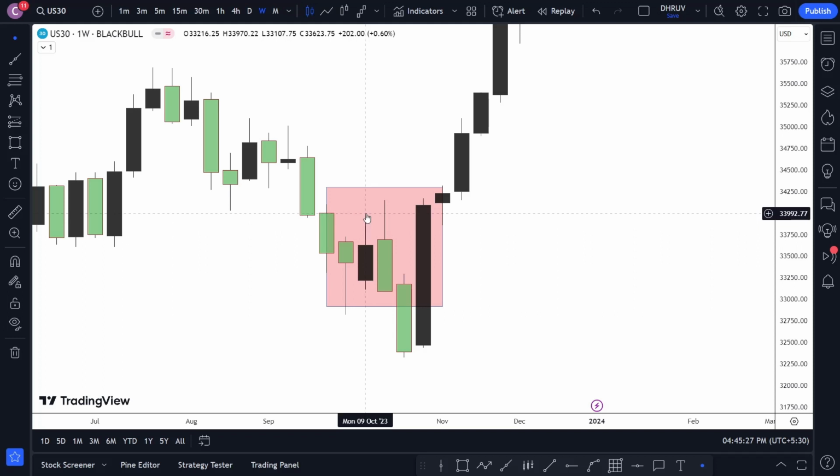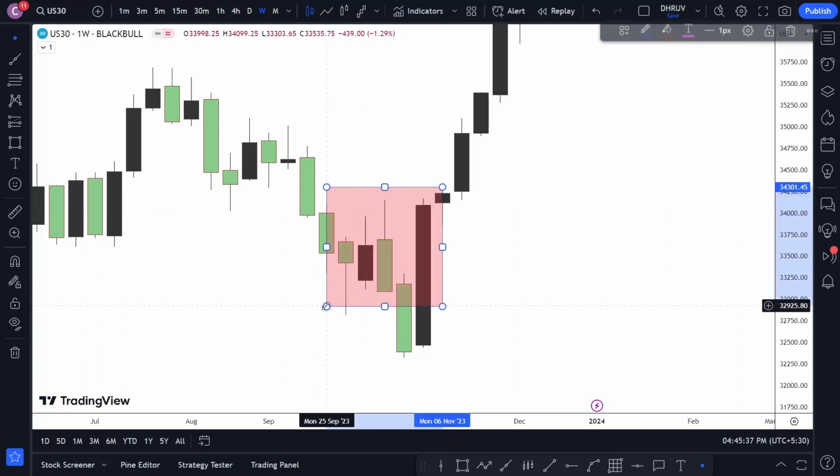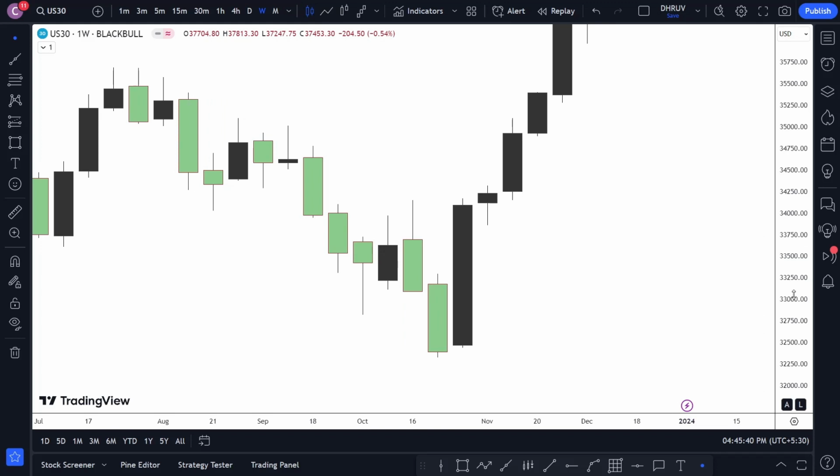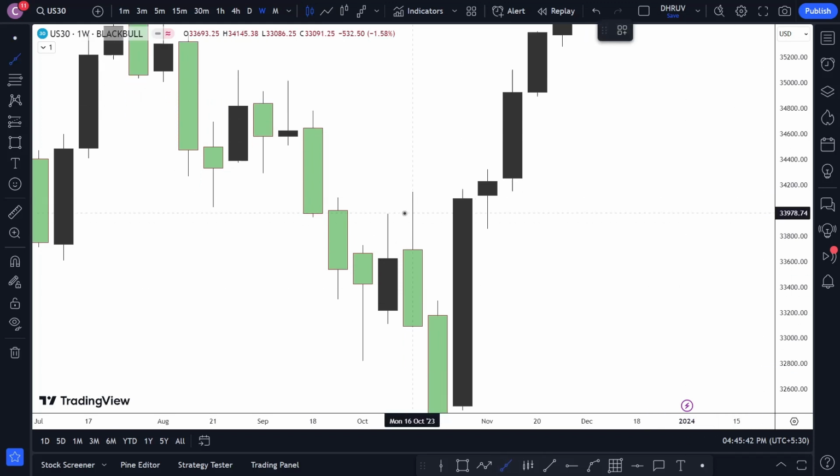The high of the bullish candlestick has been engulfed, and the low is also been engulfed, right? And also the high of this previous bullish candlestick is being engulfed way higher, right? So we will call it a QM engulfing pattern.